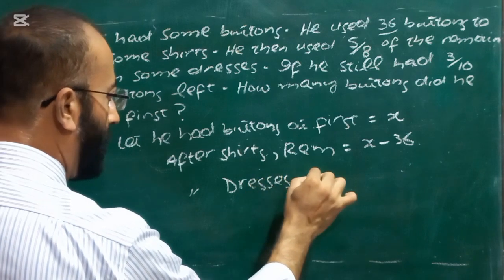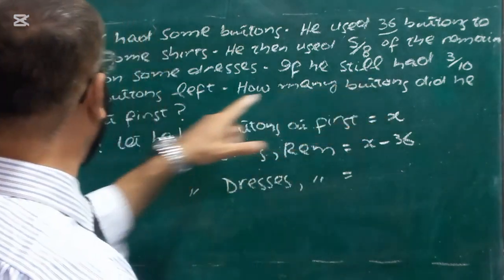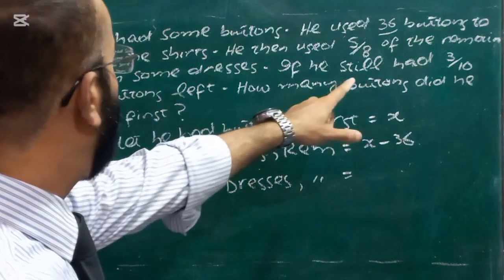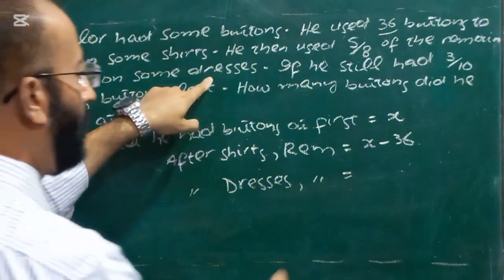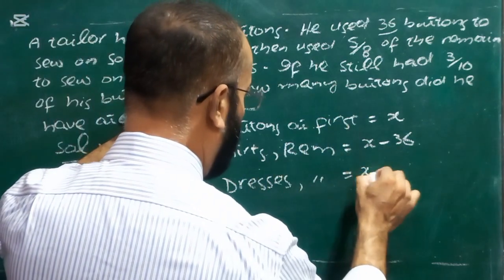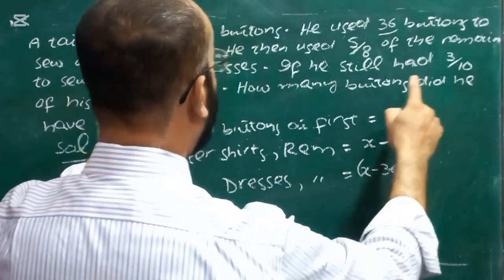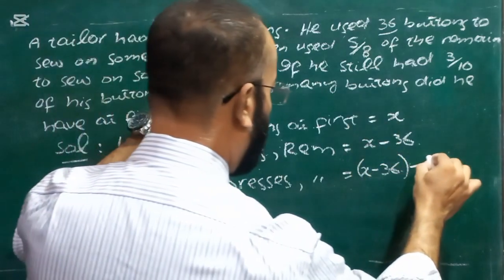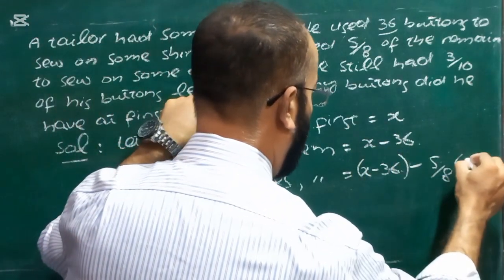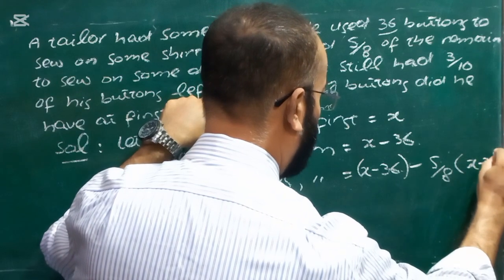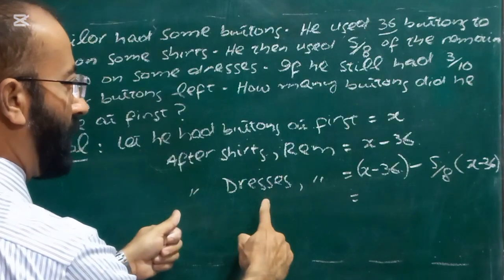From this remainder, he has used 5 by 8 of the remainder, X minus 36. So if we solve it, we will get the remainder after dresses.